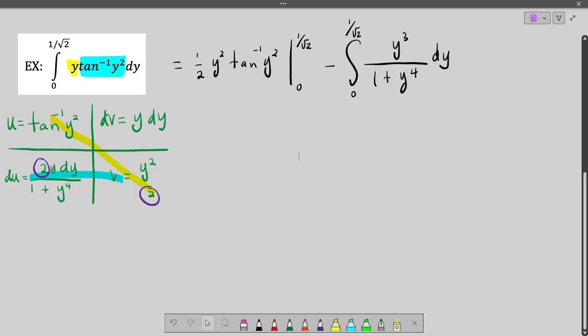So what do I need to make it exactly log form? Right now it's almost. You could do u substitution for the denominator. U substitution is the general way to do this, but if we put it into log form, we can skip those 6 steps. We just get the natural log of the absolute value of the denominator. Yes, exactly. So how do we make that numerator match the derivative of the denominator?